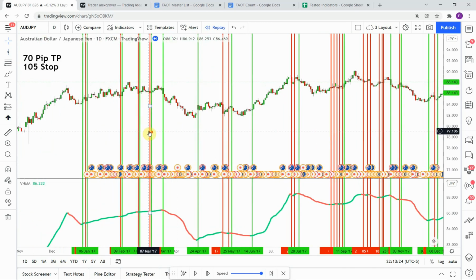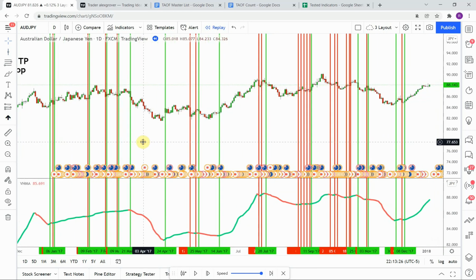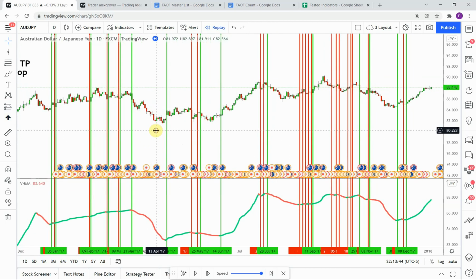Those of you who are regular viewers of the channel know the struggle that we've had with moving averages being consistent with taking any kind of decent win rate. And so this one gave us a pretty similar setup as far as the number of trades, and a similar setup with the win rate, unfortunately.